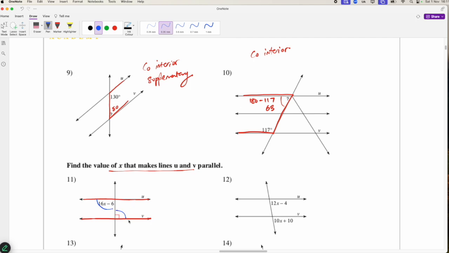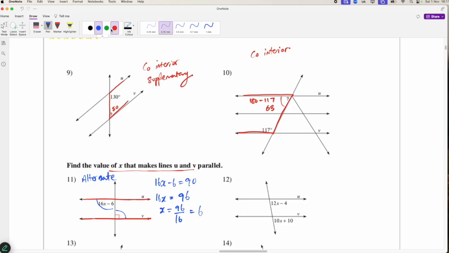If the lines are not parallel, then they're not alternate angles, right? So this here is alternate angles. Alternate angles are equal, so that means 16x minus 6 is 90. 16x is 96. x is 96 divided by 16.